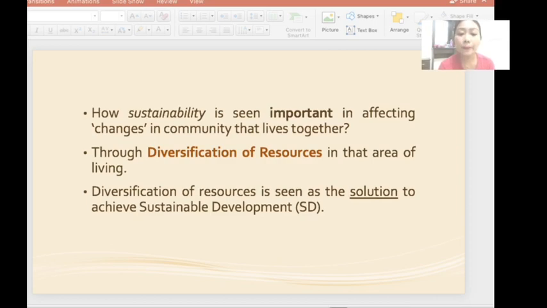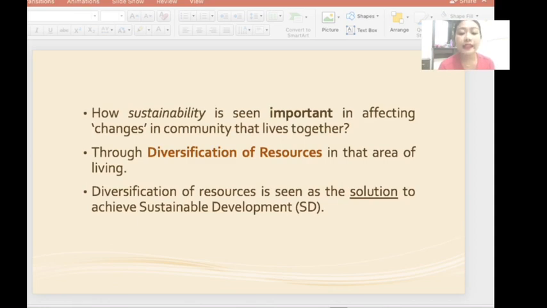So, back to the question just now, which is how sustainability is seen as important in affecting changes in a community that lives together. Based on the sustainable development concept itself, sustainability is seen as important to maintain the survival of resources and also the living society in one particular place.